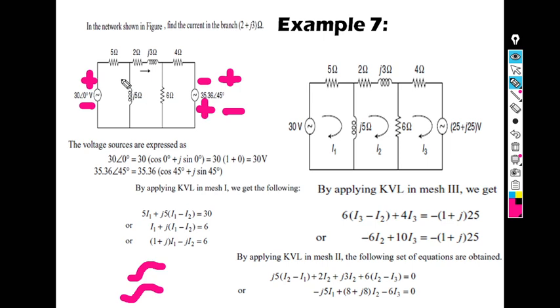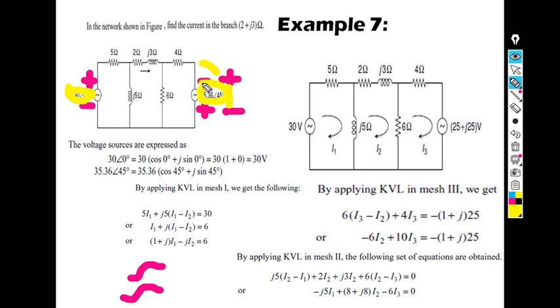If current is going from minus to plus, you will take this voltage source as minus. If the current is going from plus to minus, then you will take it as plus 35 point something.